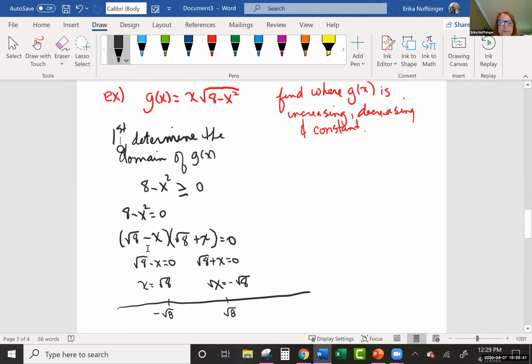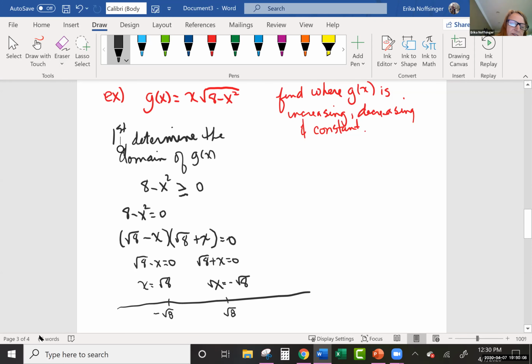So I notice if I plug in something less than this, it's actually giving me a negative number. So if I plugged in the square root of negative 9, I'm going to keep it as the square root of negative 9, and I square that, well, square rooting a negative is positive. So that's going to give me positive 9. And so I have 8 minus 9, that's a negative underneath the square root. And so this is a false statement.